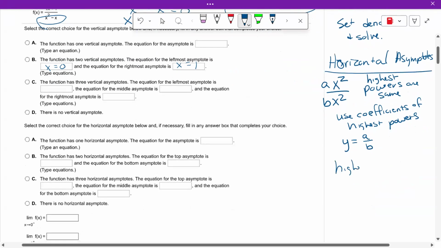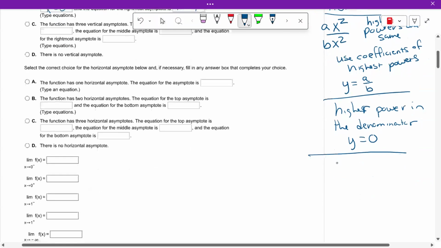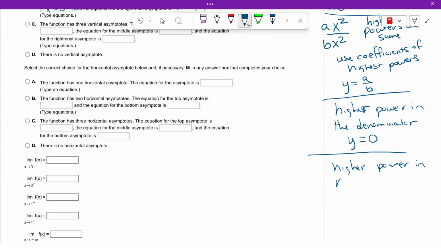If the higher power is in the denominator, then it's going to be the x-axis. y equals 0 is going to be your horizontal asymptote. If the higher power is in the numerator, then there's no horizontal asymptote.